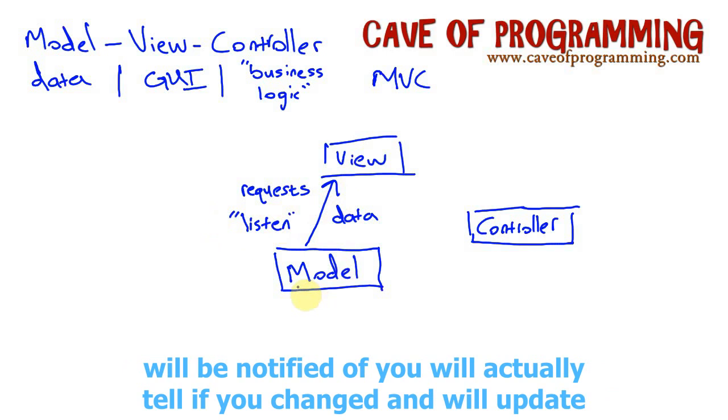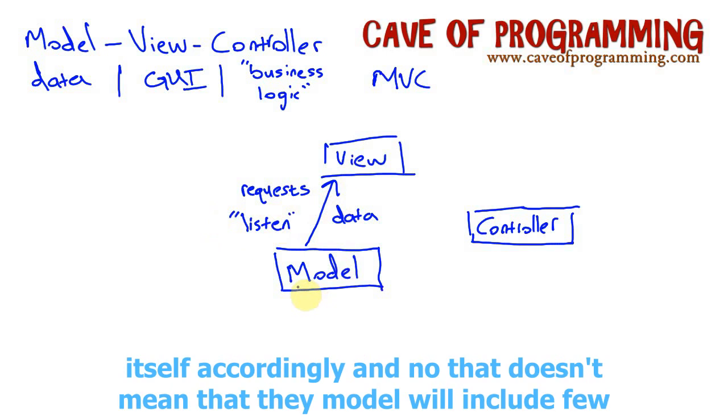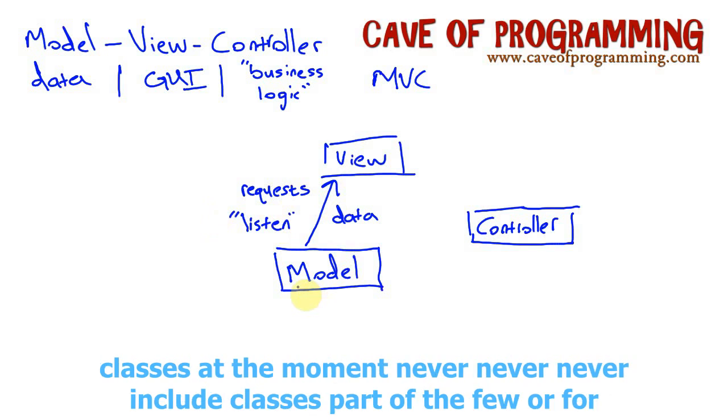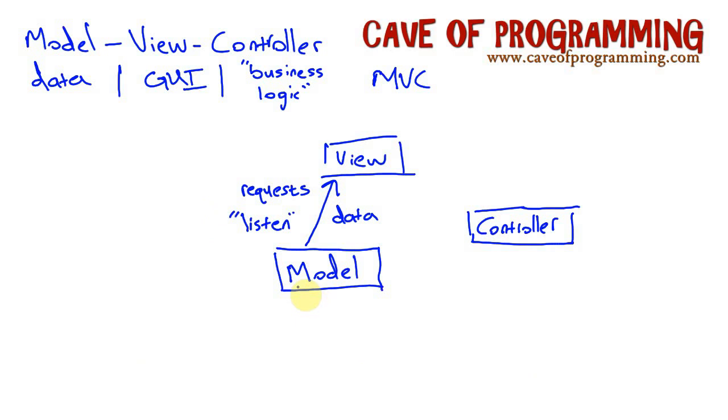It will actually tell the view if the data has changed, and the view will update itself accordingly. And note, that doesn't mean that the model will include view classes. The model is part of the backend, it must never include classes that are part of the view, or for that matter, the controller.